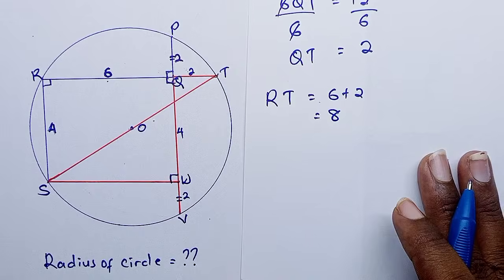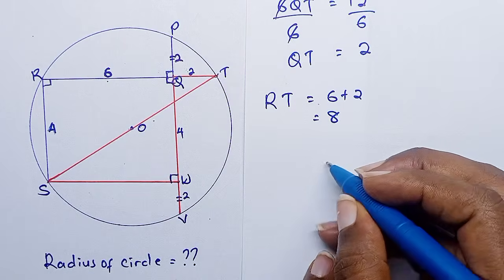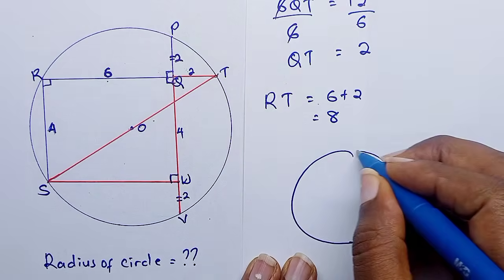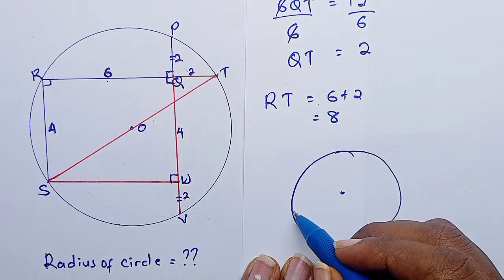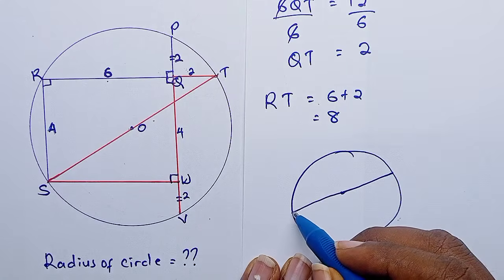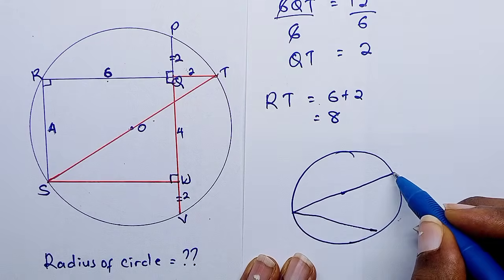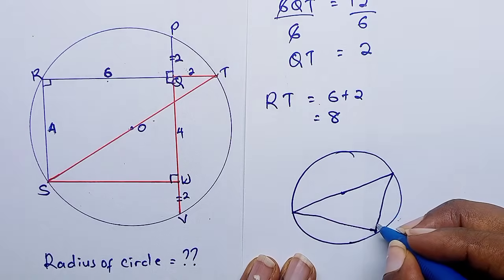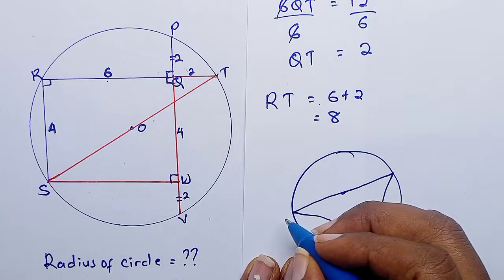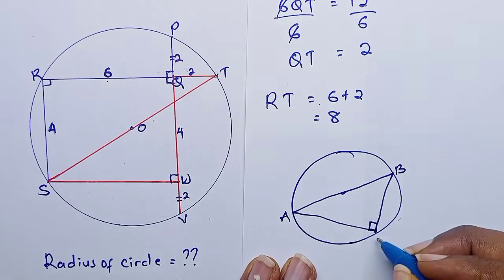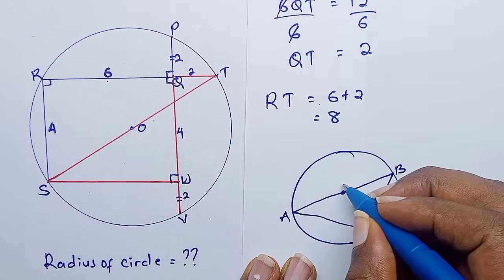Now, from Thales theorem, if you have such a scenario where this is 90 degrees, this is A, B, and this is C, this is the center.